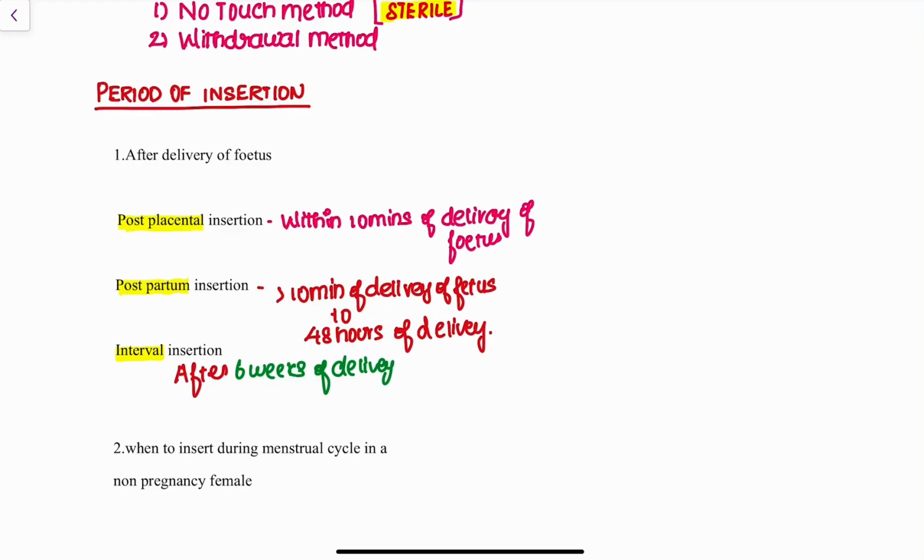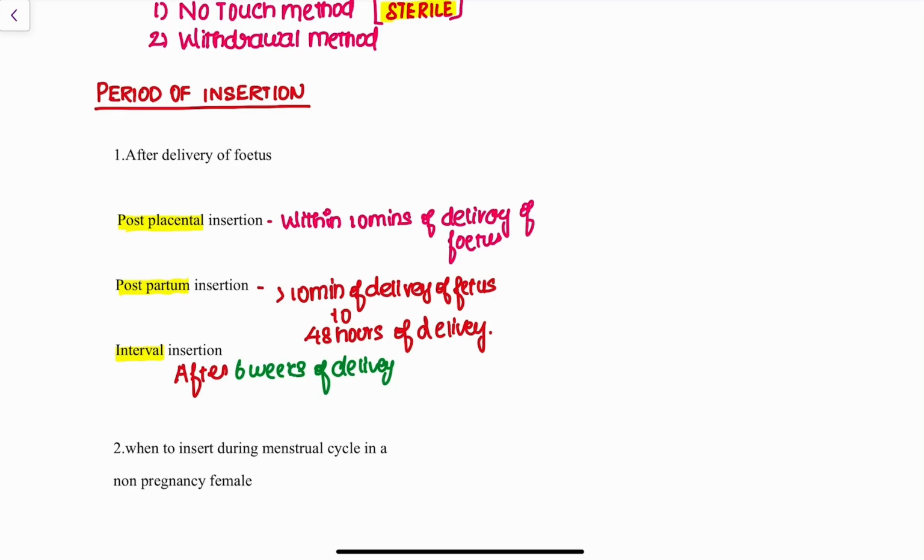Postpartum insertion is when more than 10 minutes from the delivery of the fetus have passed, but within 48 hours after the delivery, if you insert this intrauterine device inside the uterine cavity of the female, it is called postpartum insertion of IUD. And what do you mean by interval insertion? Interval insertion is when 6 weeks have passed after the delivery of the fetus.